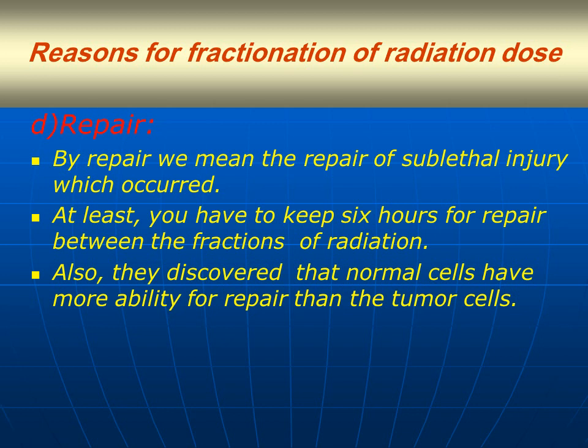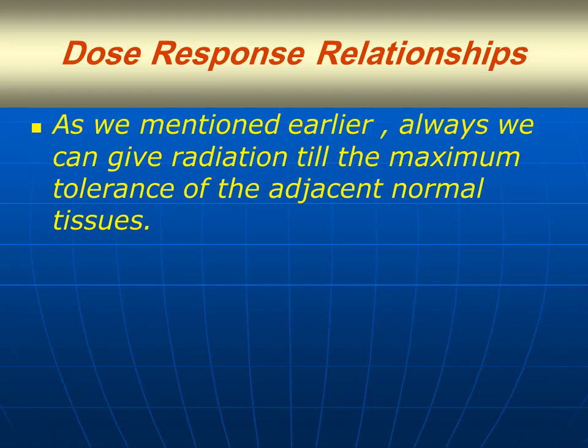Also, they discovered that normal cells have more ability for repair than the tumor cells. Last point is about the dose-response relationship. As we mentioned earlier, we can always give radiation up to the maximum tolerance of the adjacent normal tissues.